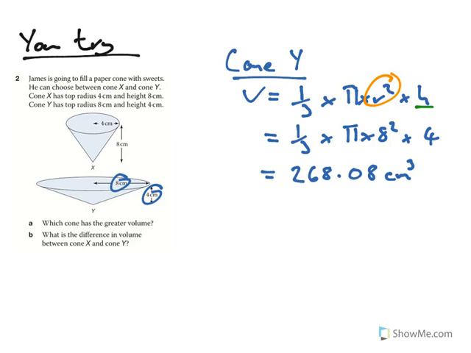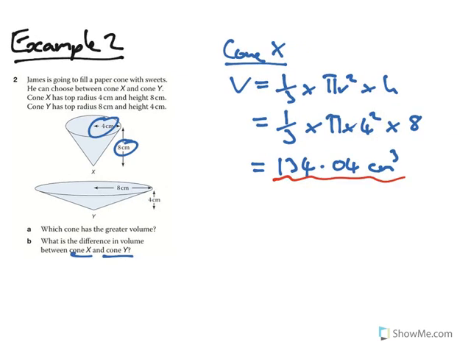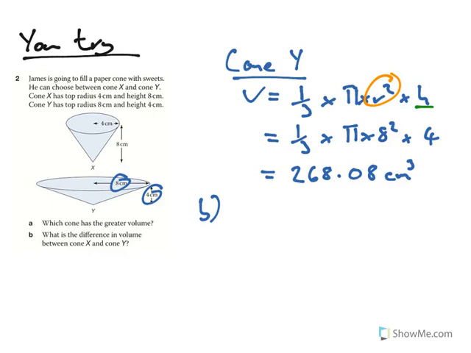Okay, so let's have a quick look at part B before we finish. What's the difference? Well, the difference would be one take away the other. What you might do in this situation is do 134 take away this one and get a negative number. Obviously we're not interested in negatives here, so make sure you use the biggest number first and take away the smallest number.